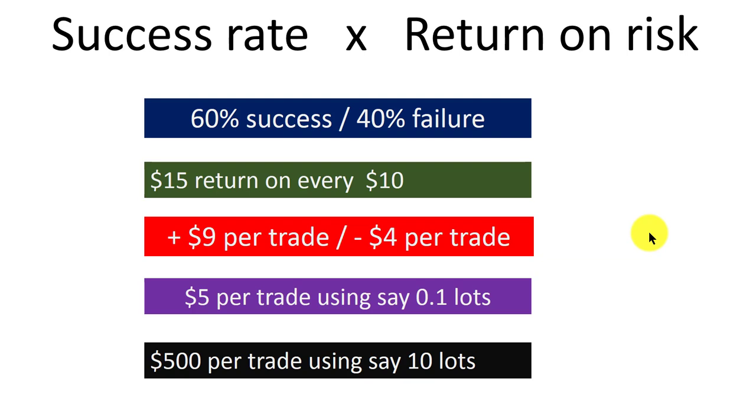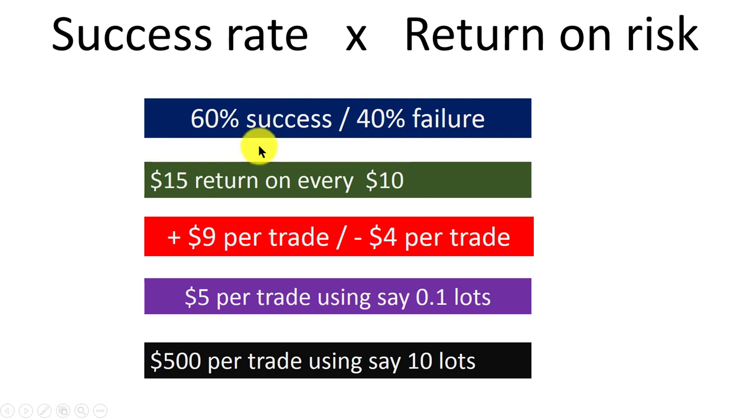In other words, you must make a little bit more than what you're risking on every trade. Now, if I use this as an example, let's say you have a 60% success rate. That means you've got a 40% failure rate. But let's say you make $15 on return on every $10 you invest in a trade. That means that you have a positive return on risk.